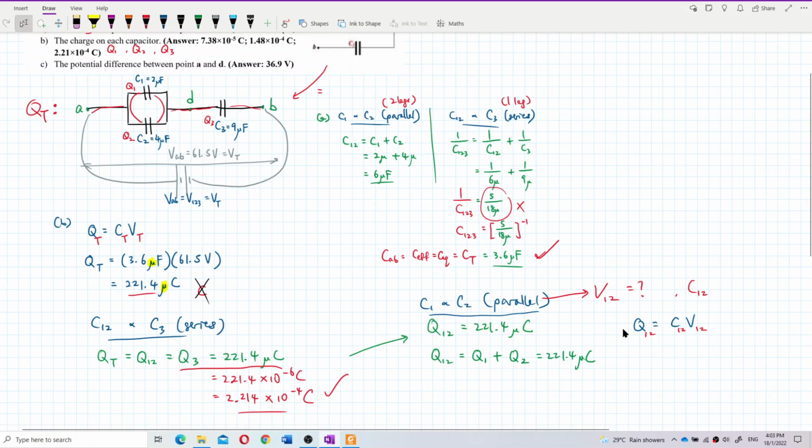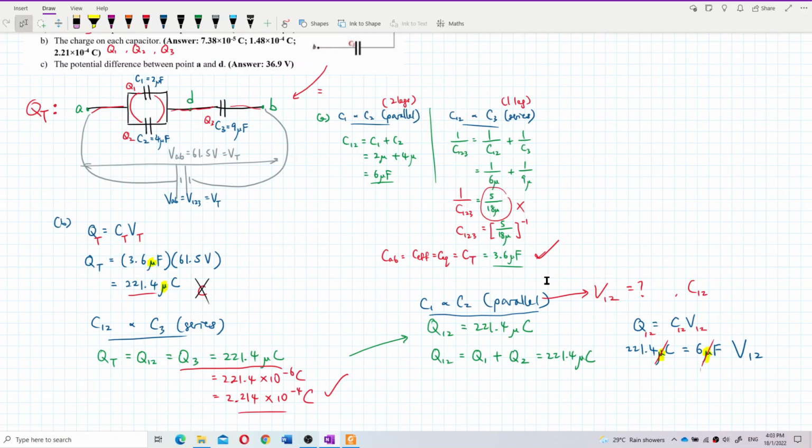So this is 221.4 microcoulomb and equal to C12. C12 is 6 microfarad, and then I can find my V12. See, here I have a micro on both sides. They can be cut off. Now 221.4 divided by 6.